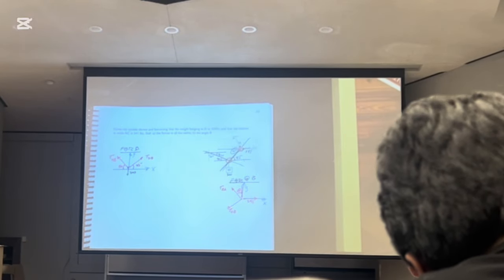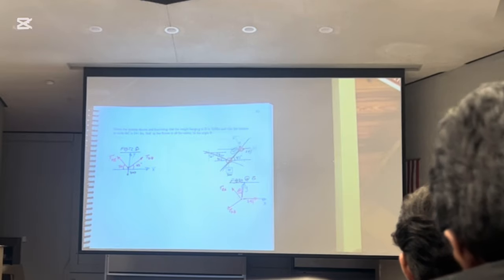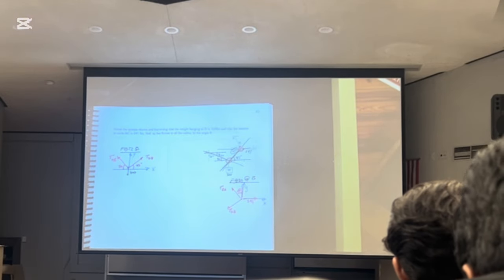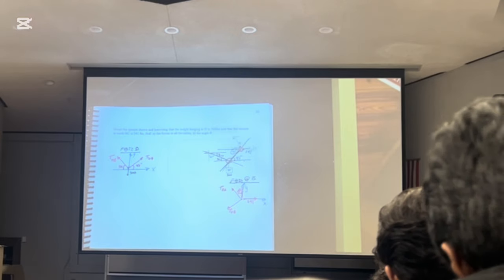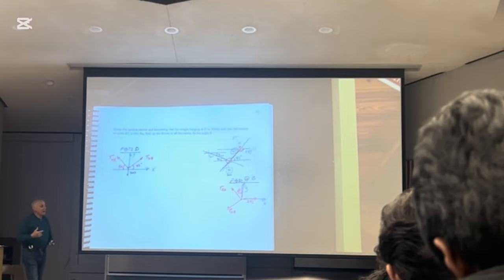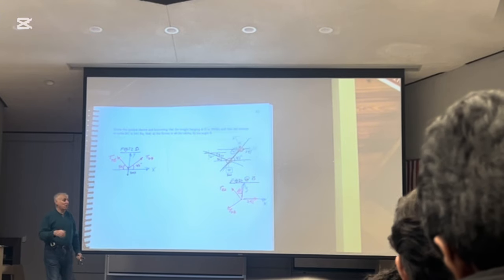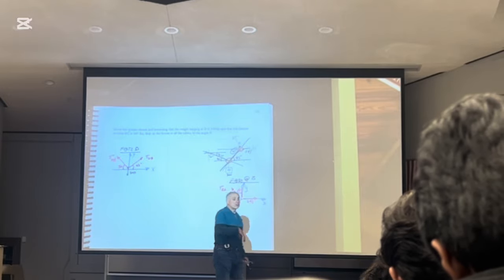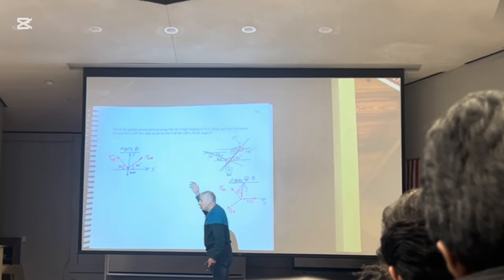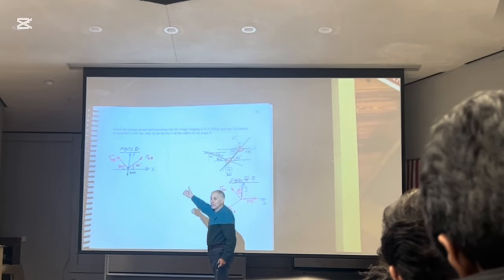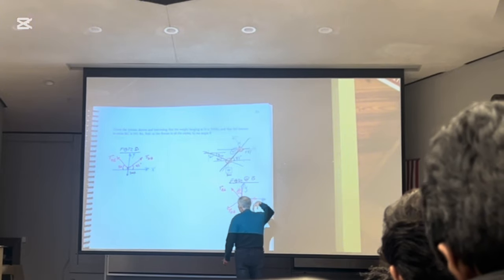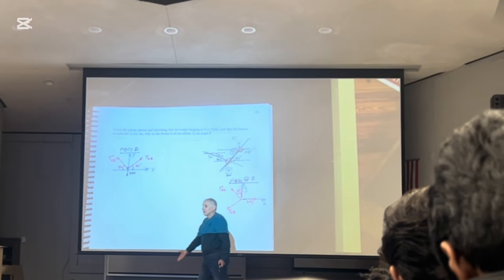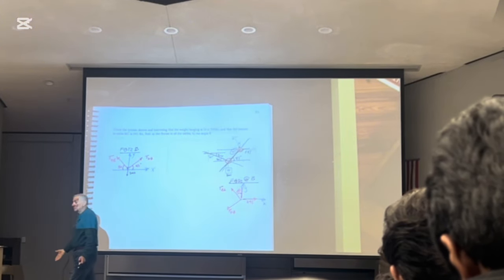Before you start writing equations, I'm going to ask this simple question, and you should ask it too: which free body diagram should I start writing equations for first? Should I start at B, or should I start at D? That's the question of the day.